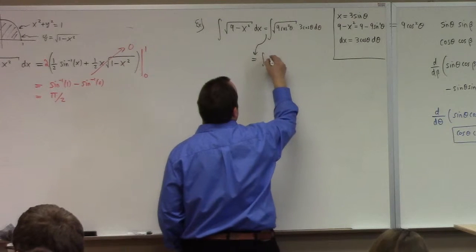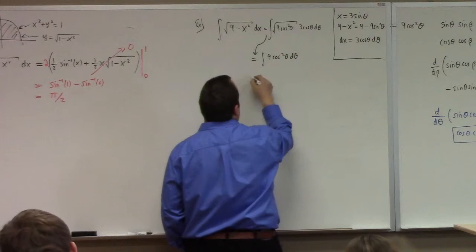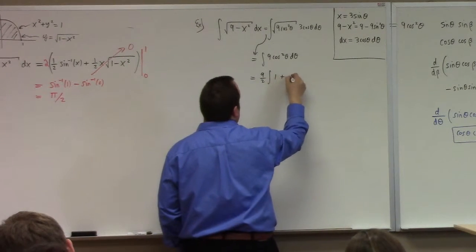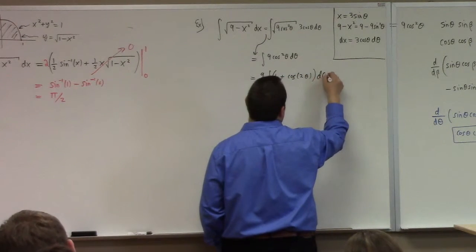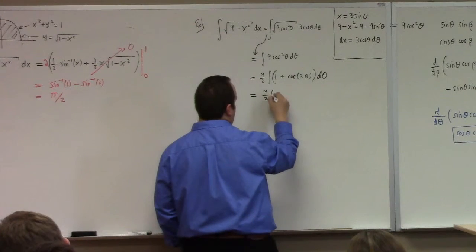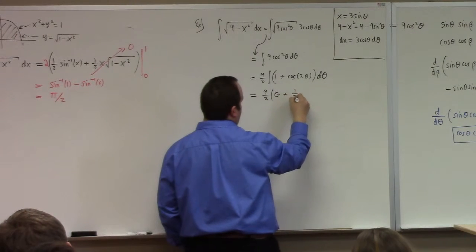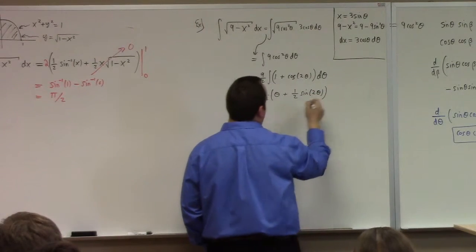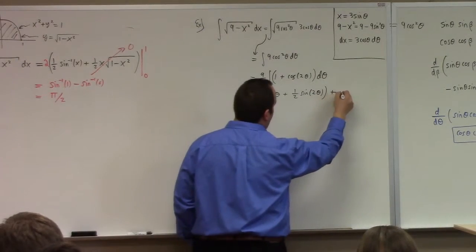So I get the integral of 9 cosine squared theta d theta, which is 9 halves the integral of 1 plus cosine of 2 theta d theta, which gives me 9 halves of theta plus 1 half sine of 2 theta. Plus a constant, of course.